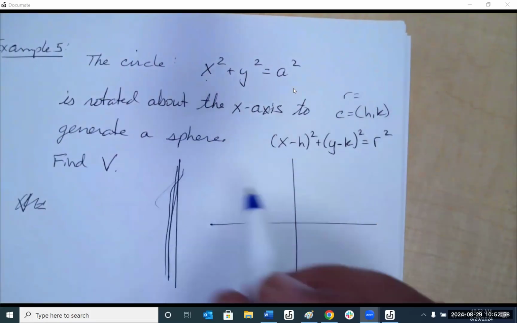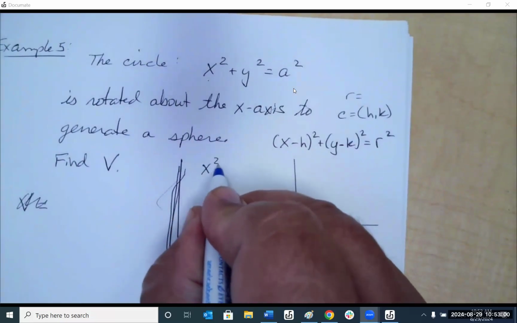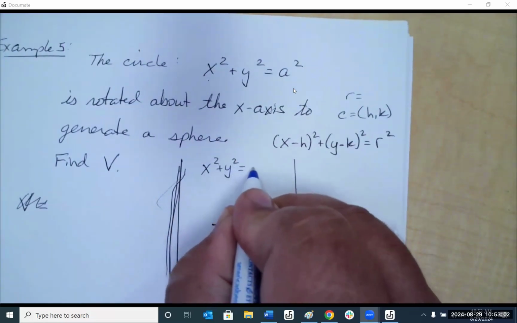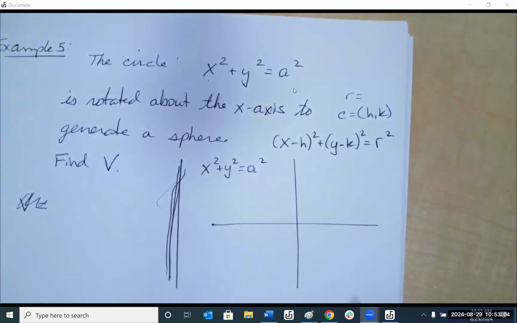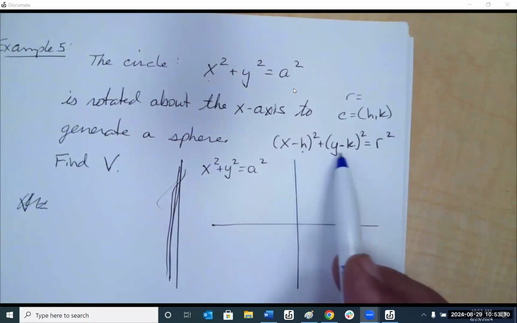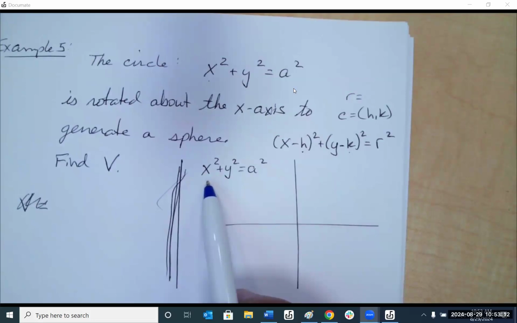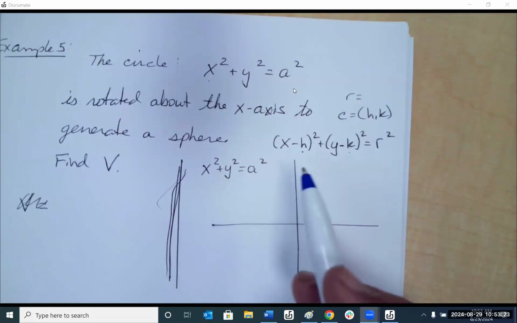So in our equation, x squared plus y squared equals a squared, what is the center? What's h and what's k? The origin, yes.